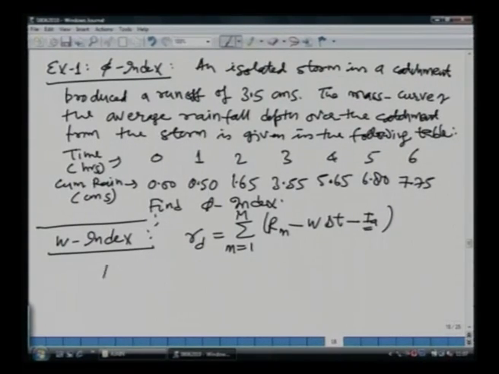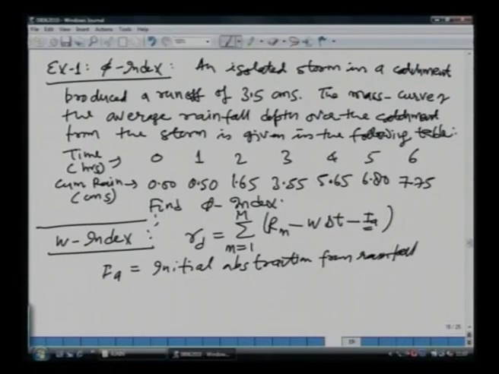Let me write it down, where IA is the initial abstraction from your rainfall or precipitation. All right, so this is about the two indices, the phi index and the W index.